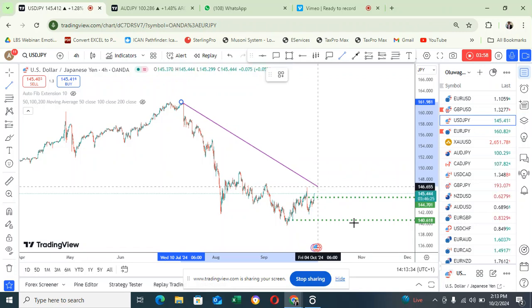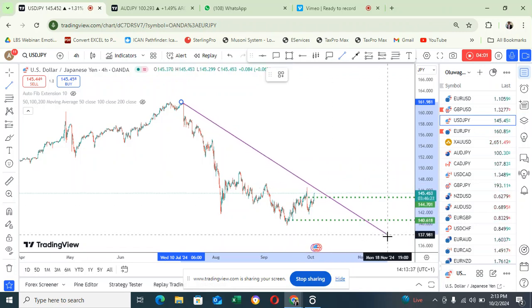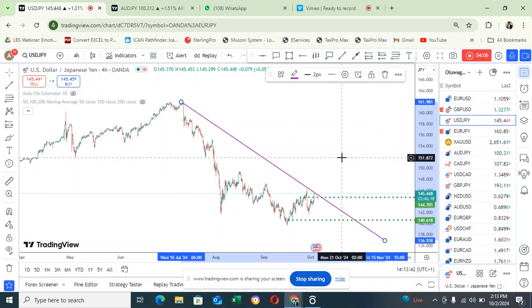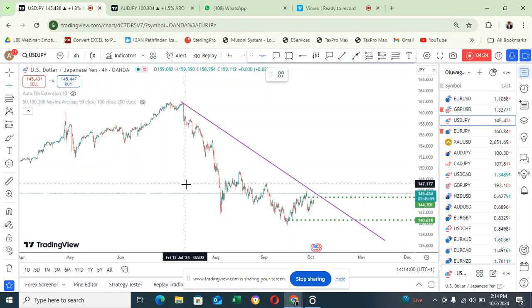The trend is a downward trend, and for us to believe that this trend is still a downward trend, there must be a breakout from this particular area, either here or there.